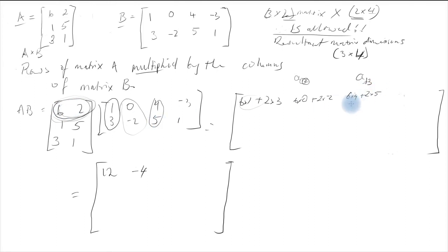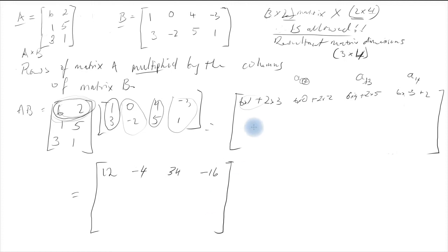So 6 fours, 24, plus 10, 34. Now the last one is our A1,4. So we're doing the first row, fourth column. So 6 by minus 3, 2 by 1 is 2. So we've got negative 18 plus 2, negative 16.